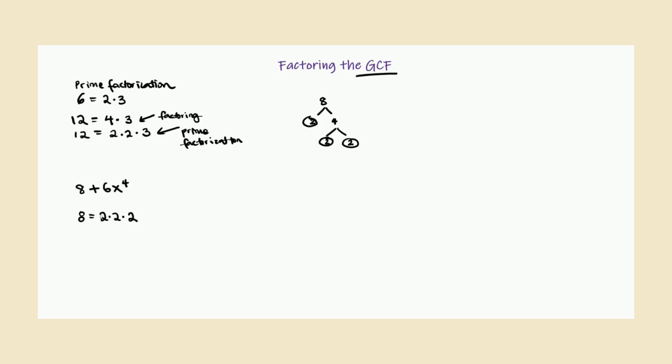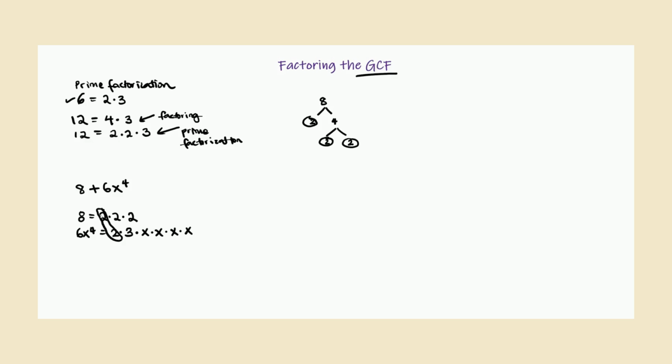But we want to also break down 6x to the 4th. 6, as we've seen before, is just 2 times 3, and that is the prime factorization. Then x times itself 4 times. Now we will see what they have in common, and they have a 2 in common.